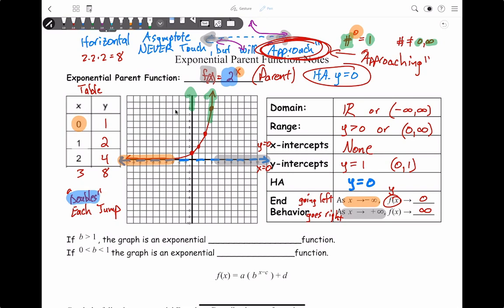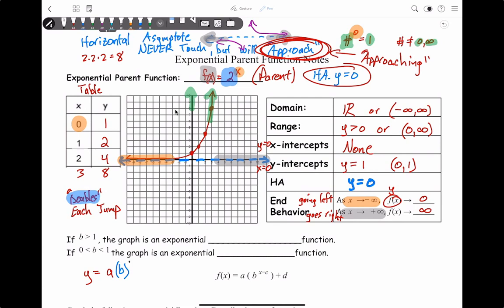Okay, so our default parent function that we got this from is of the following form. Let me write this down: y is equal to a times b to the power of x.